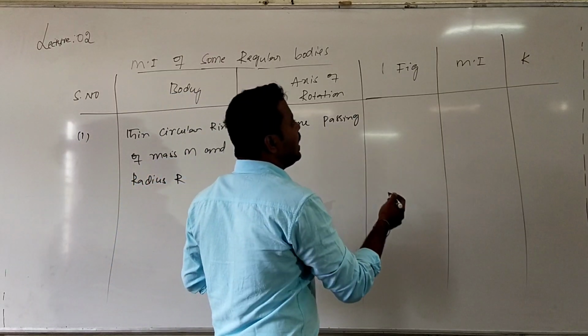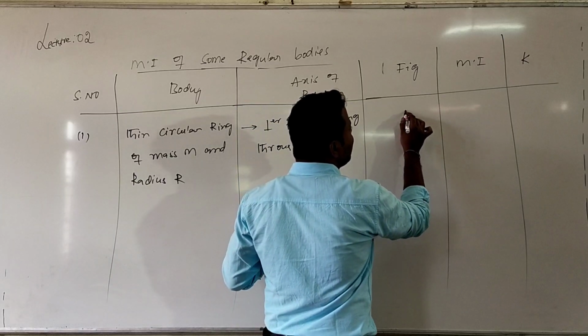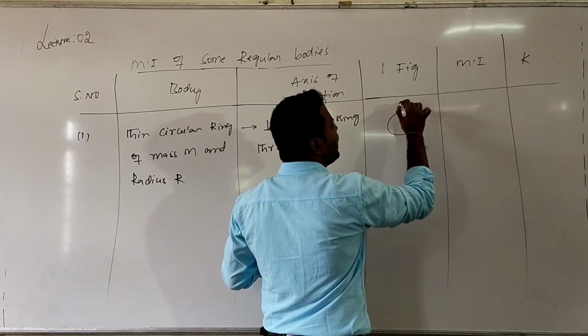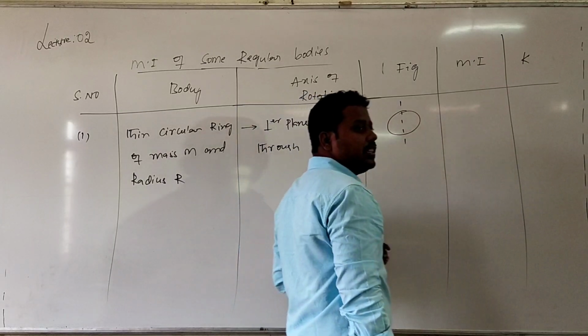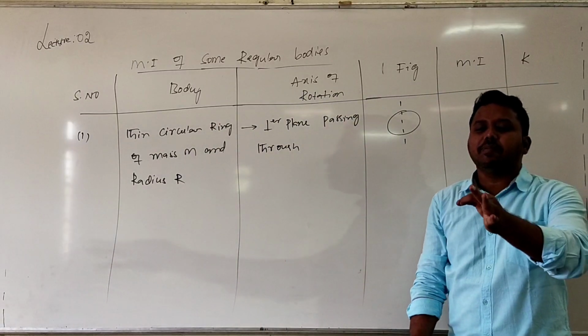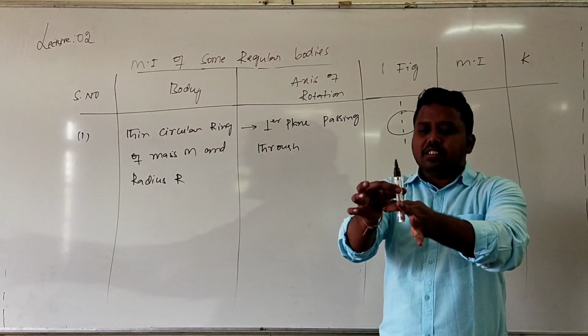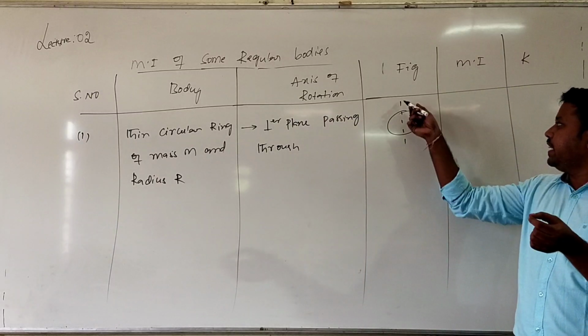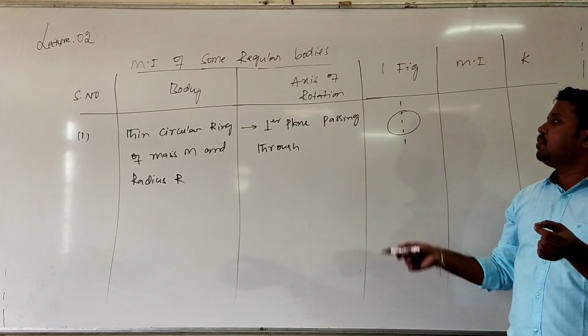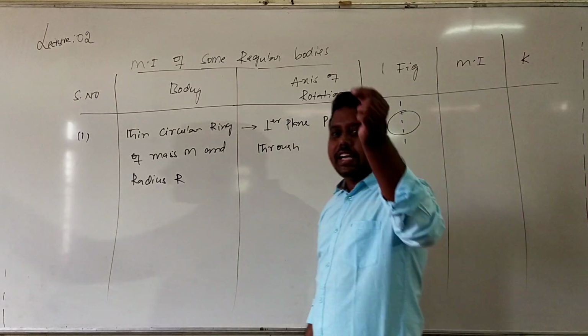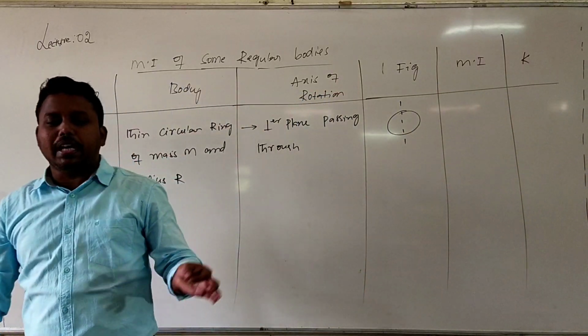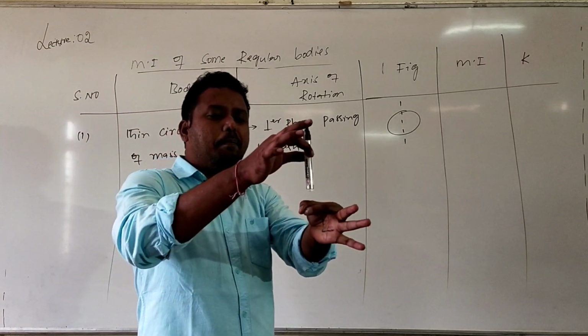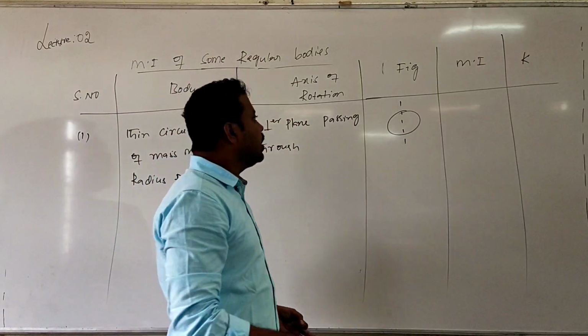If you want to understand the diagram, one circular ring I am considering, about an axis passing through the center, perpendicular to the plane of the diagram. You can see this dotted line is the axis of rotation. It appears to lie in the plane of the page, but actually it is the axis perpendicular to the plane like this. Okay.